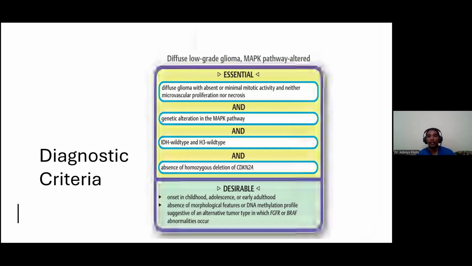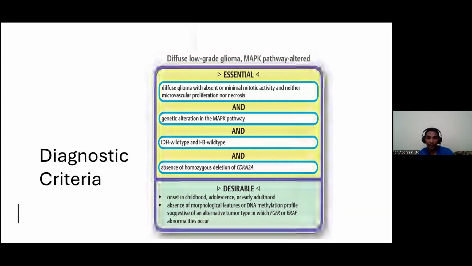As diagnostic criteria, essential are a diffuse glioma with absent or minimal mitotic activity and neither microvascular proliferation nor necrosis, a genetic alteration of the MAPK pathway, IDH wild type, H3 wild type, and absence of homozygous deletion of CDKN2A.